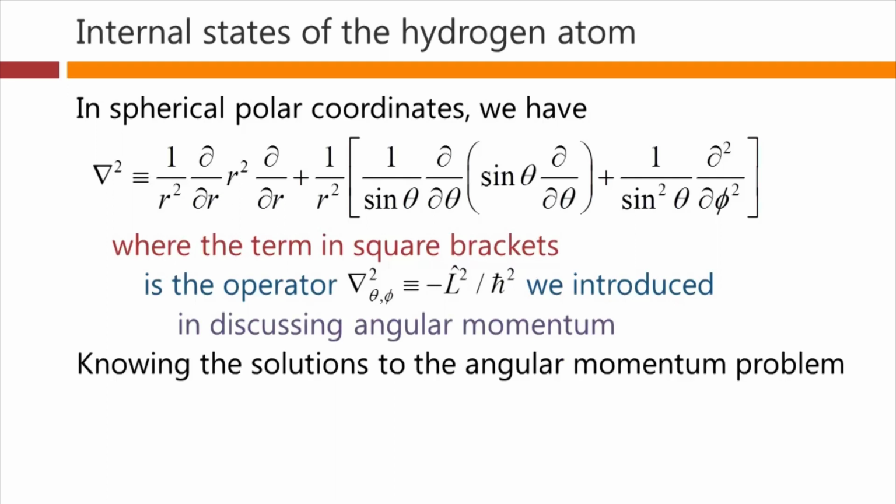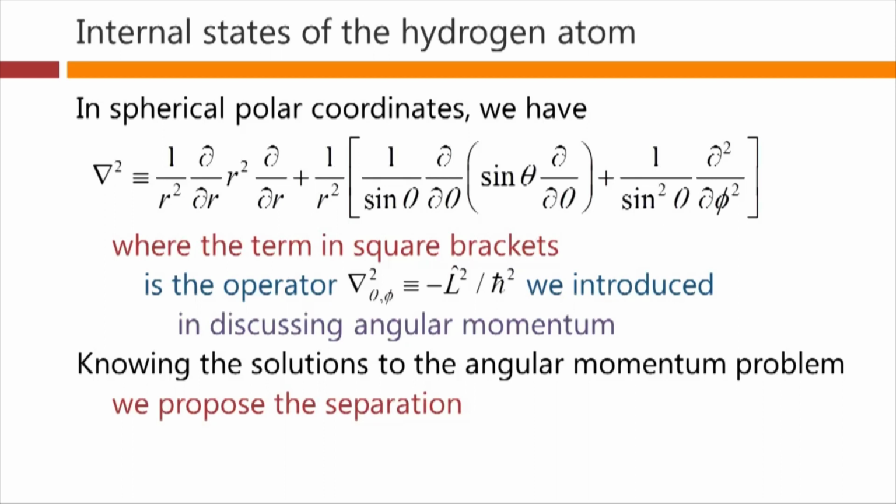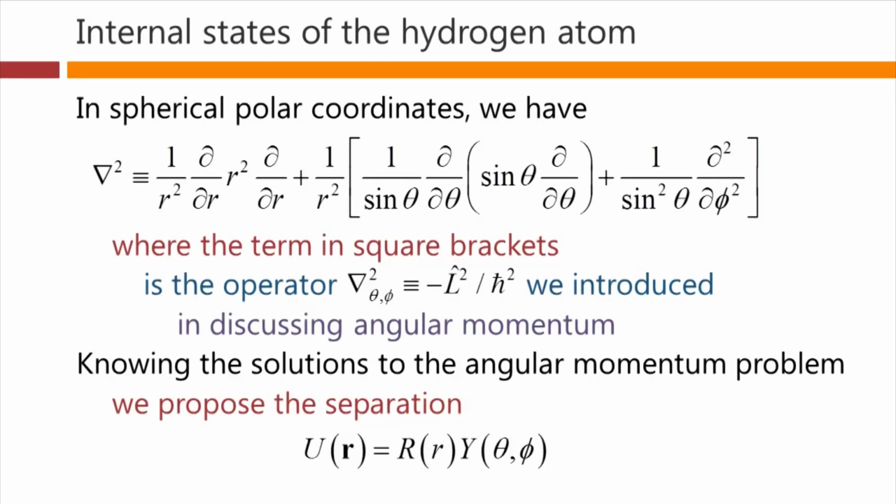Knowing the solutions to that problem, which we worked out, they were the spherical harmonics, for example, we're going to propose a separation. We're going to propose that this complete wave function, u of r, for the relative position of the electron and the proton, is some product of a function only of the scalar distance r between the electron and the proton coordinates, and a function of angle.